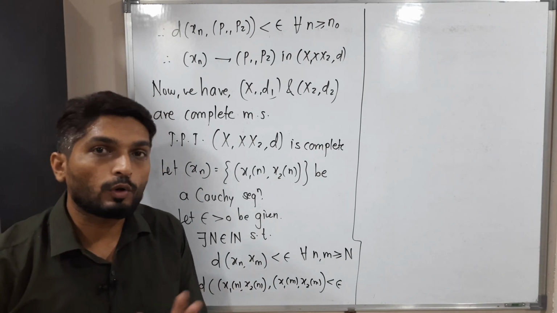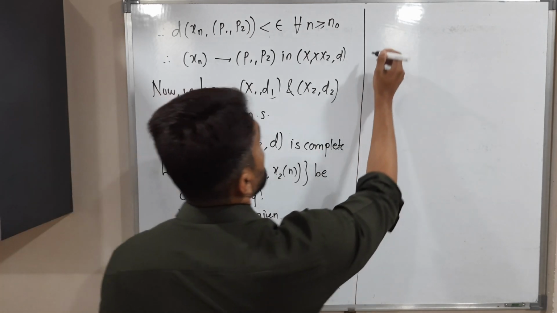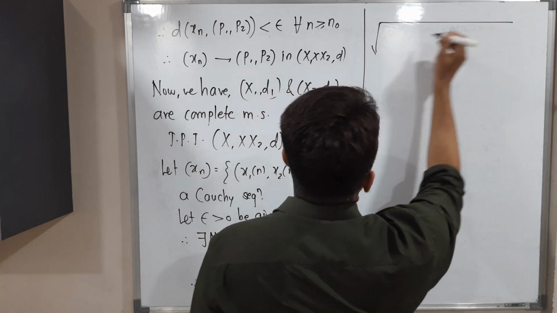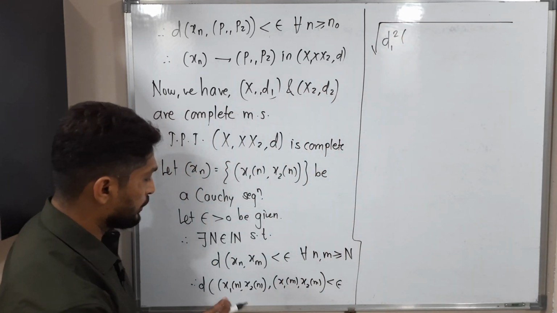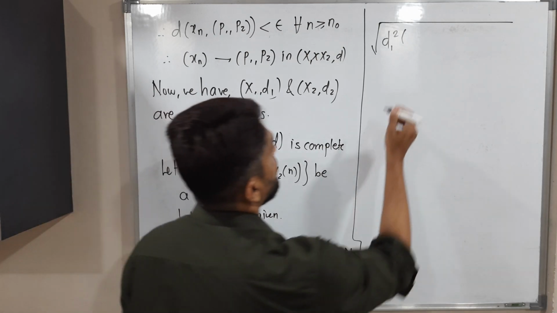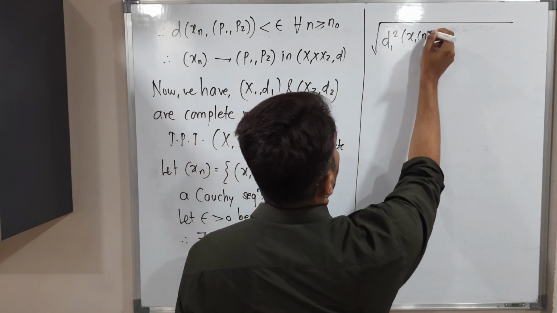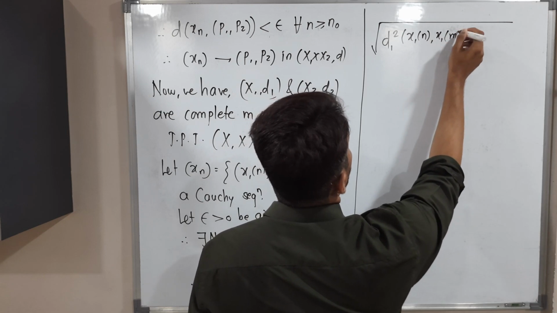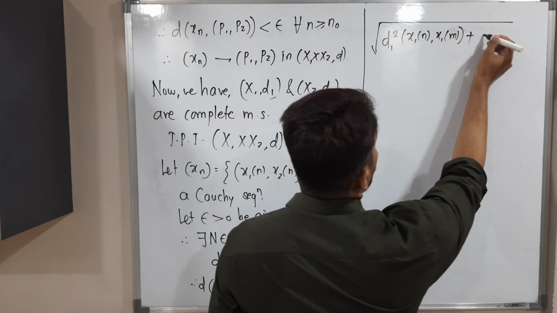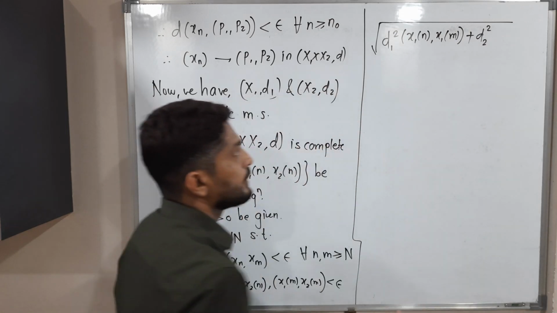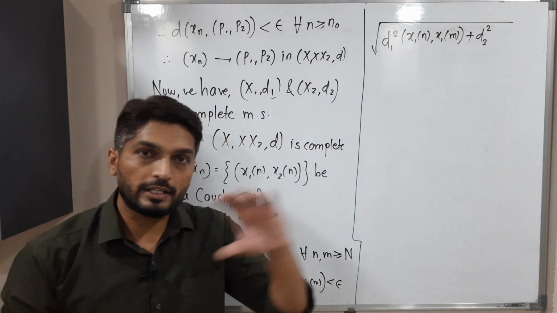Now what will I do? I will follow the definition of D. The definition of D says square root should be there, d1 square. So d1 will operate on the first components x1n and x1m, plus, after that, d2 square is there. If you remember the definition of D, otherwise go back to the beginning, we have already written the statement.